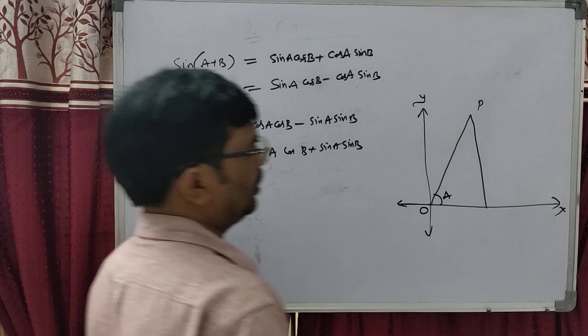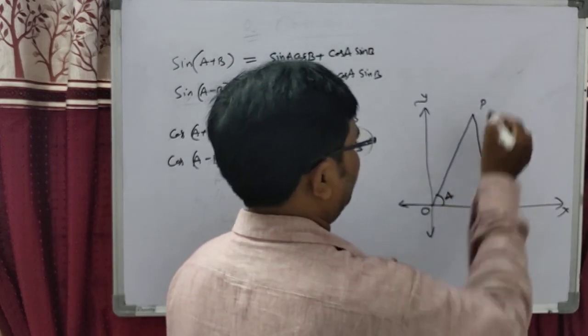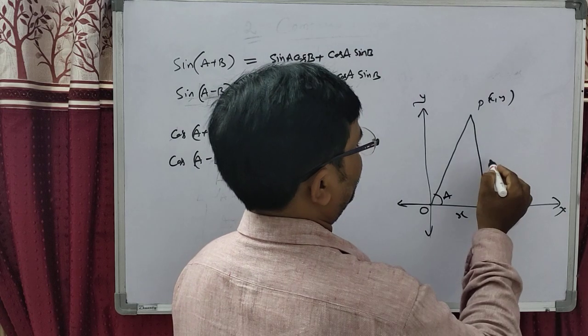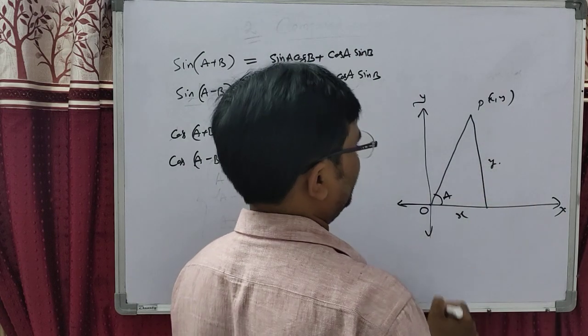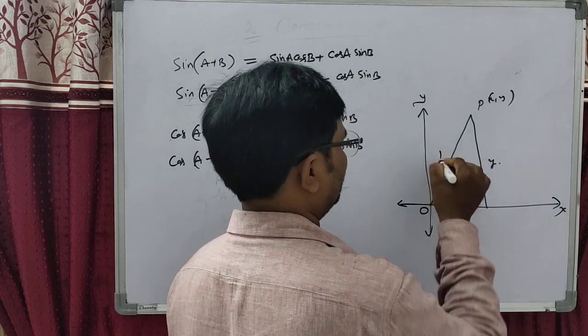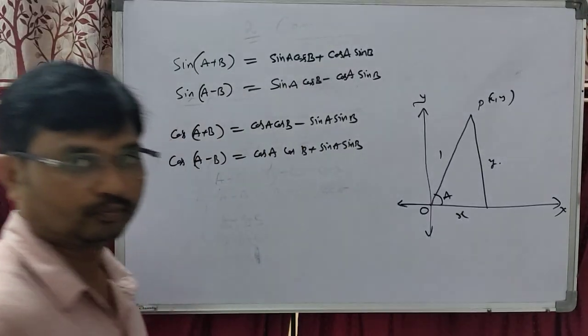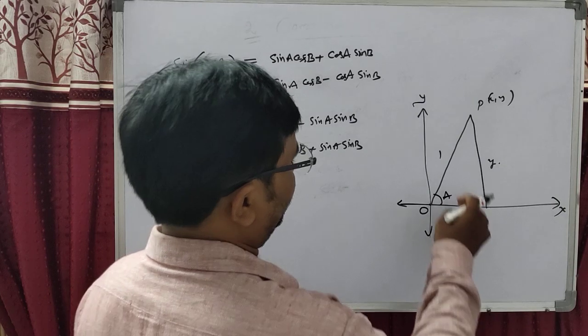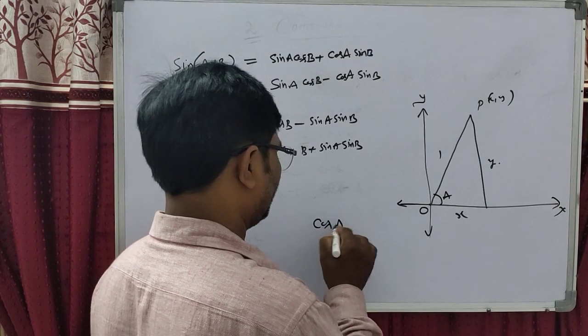Now, suppose we take the point (x, y). This is x, this is y, and the length OP is 1 unit. I will explain how we take 1 unit.